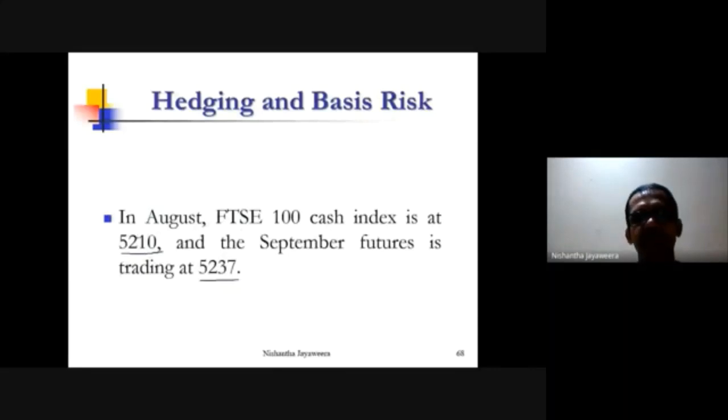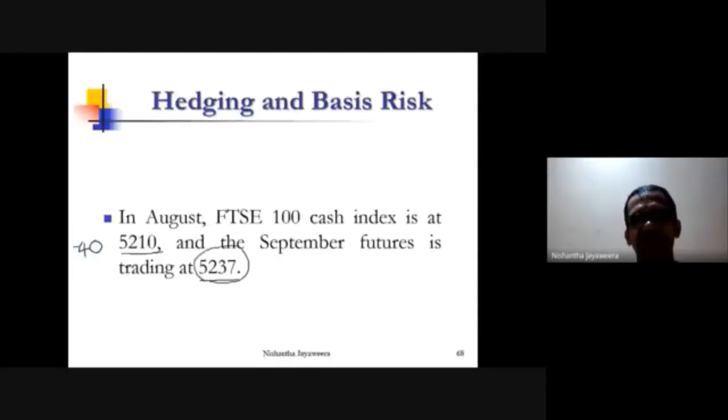Index has come down by how much? 40 index points. Is it correct? Because 5,250 to 5,210. Index value has gone down by 40, and in the futures contract, 37.